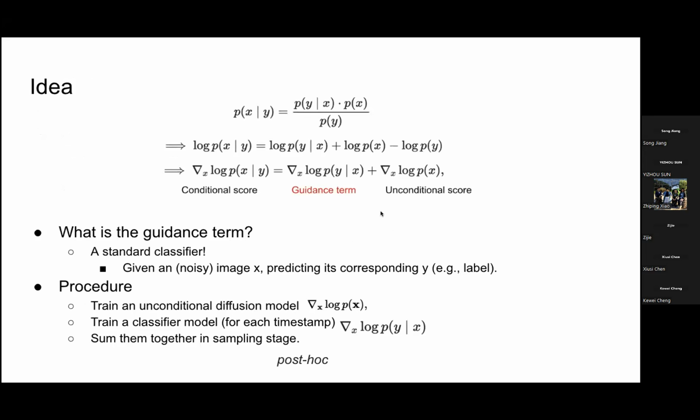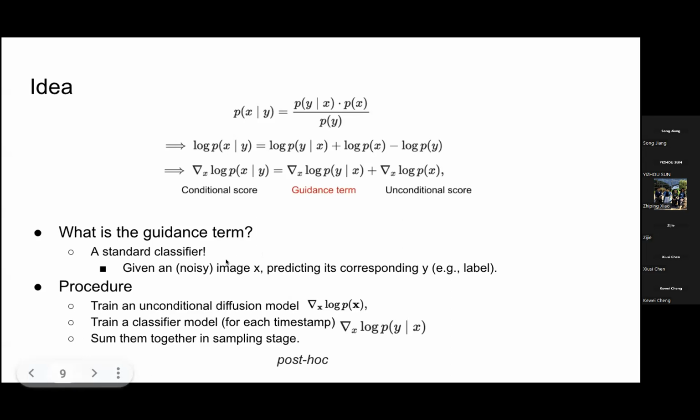Again, now we are trying to model this guidance term. But what is that? Just like was just said, basically it is a standard classifier, right? It's a discriminative model. Given an image, note that in the diffusion model, because we are doing the denoising step, at some intermediate stage the image could be noisy, but that doesn't matter.